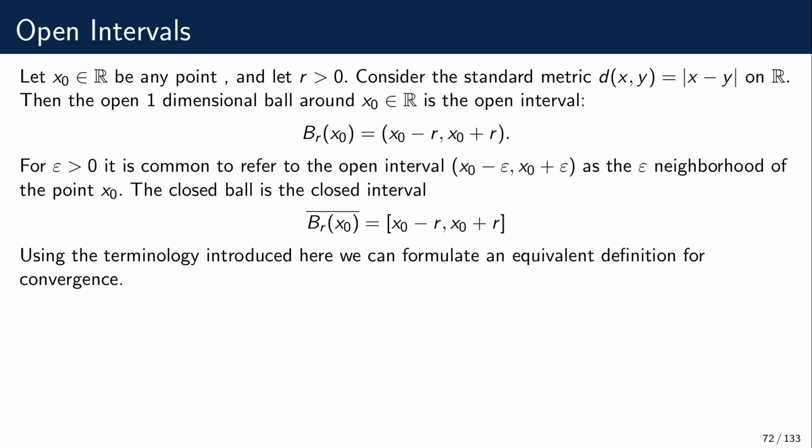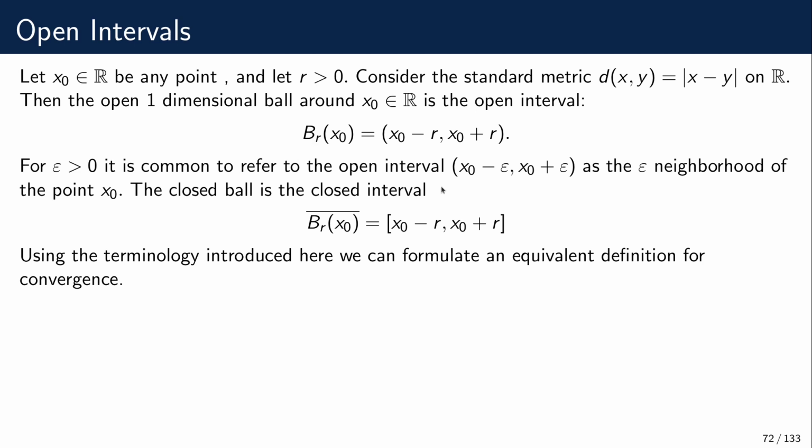Okay, and so what does it mean to have a ball in one dimension, a ball in R, right? So this is the collection of all points whose distance from x0 is smaller than R with respect to this distance function d on R. But this means that this open ball coincides with this open interval. This is exactly what it means to take all the points on the real line whose distance from x0 is smaller than R. They all lie between x0 minus R and x0 plus R. So this is our open ball on the real line.